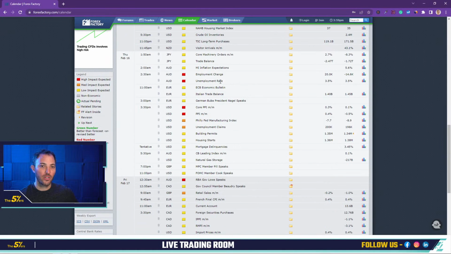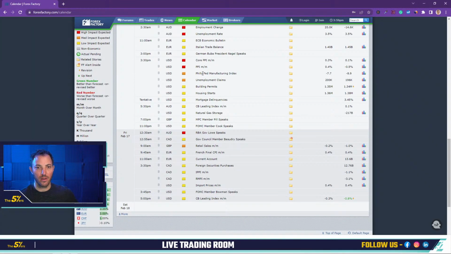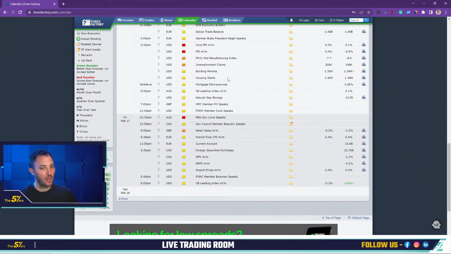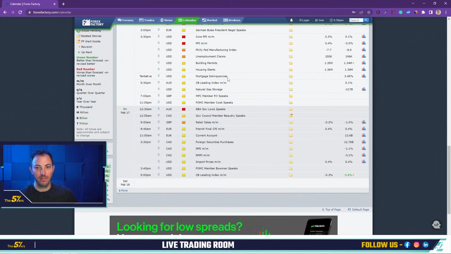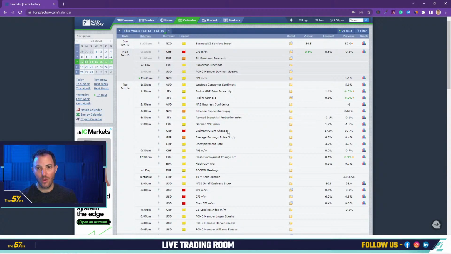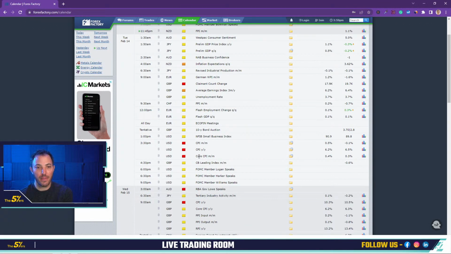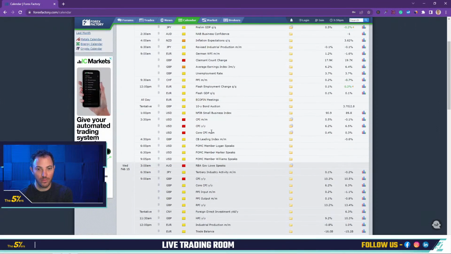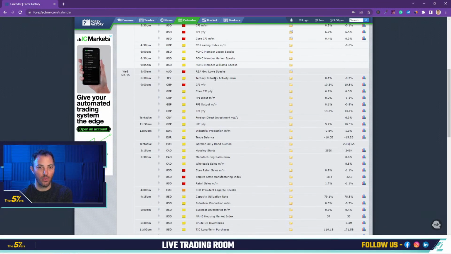Employment change and rate in the AUD, we'll see how that impacts, but it looks steady in percentage, an increment here, so we'll see how that goes. Then PPI, again volatility, but not more than that. So in terms of what we want to be mindful of, that would be CPI tomorrow in the US, and then CPI on Wednesday.